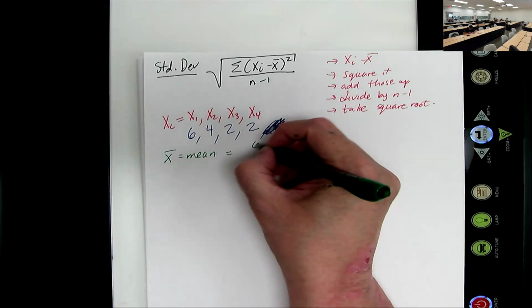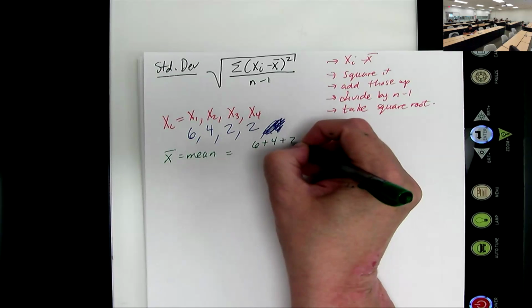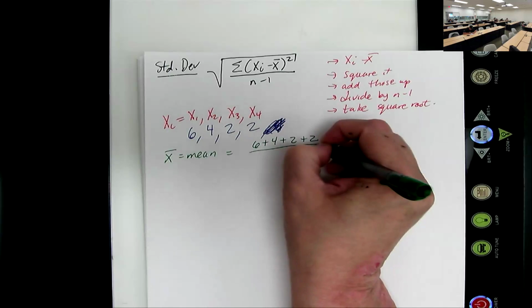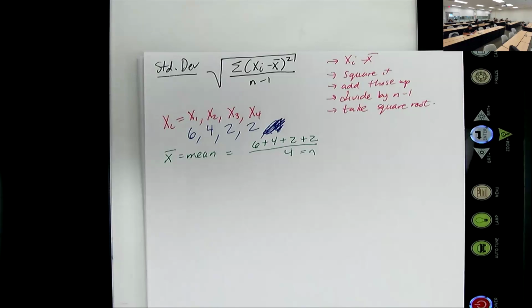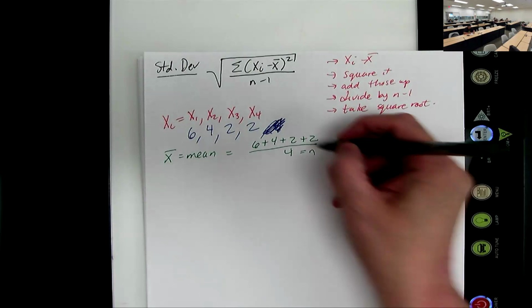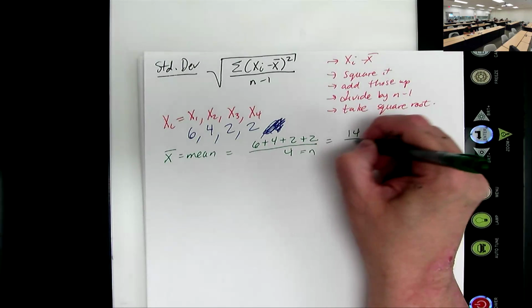So we will add up 6 plus 4 plus 2 plus 2 and divide by 4, which is my n. There's 4 examples. And we have 14 over 4, which is 3.5.